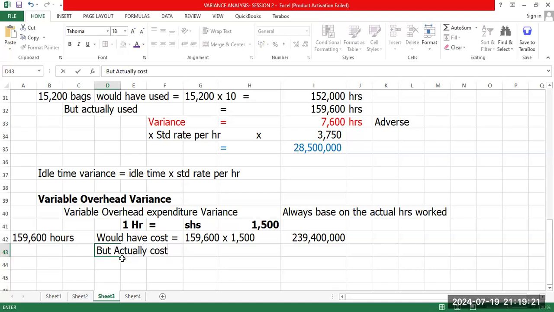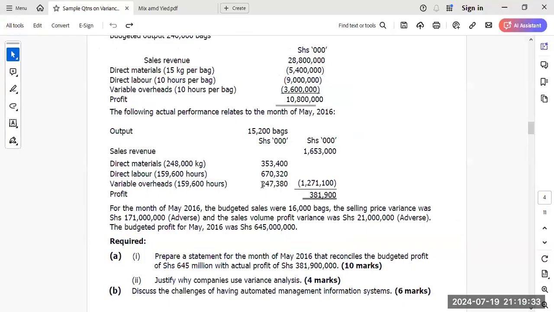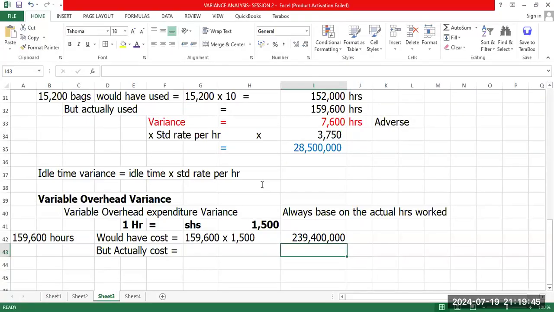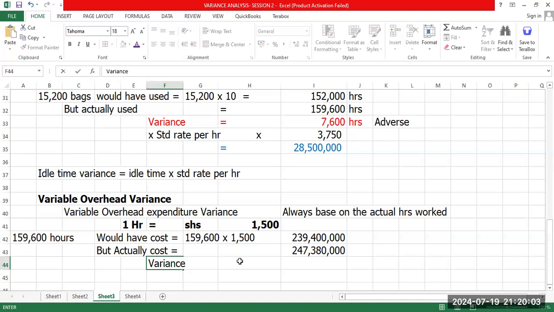But actually, what did it cost? We'll go to the actual information. This is the actual amount. So is the variance favorable or adverse?